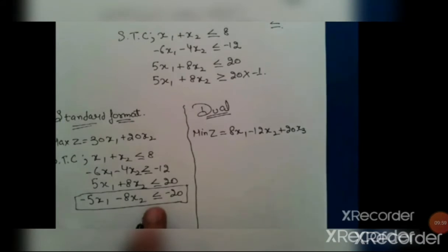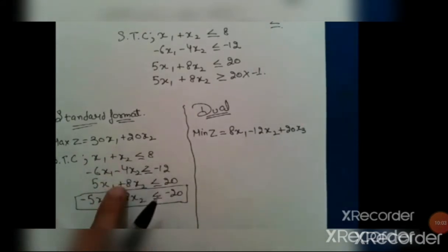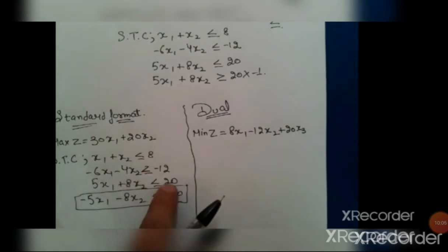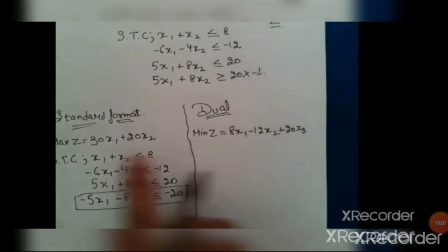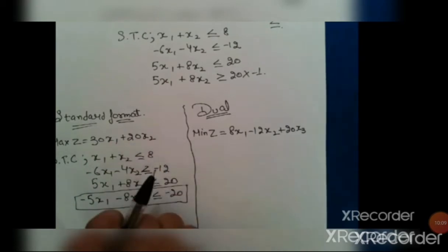Okay, right hand side equations. So you write down 8x1 minus 12x2 minus 20x3. You write down the right hand side.